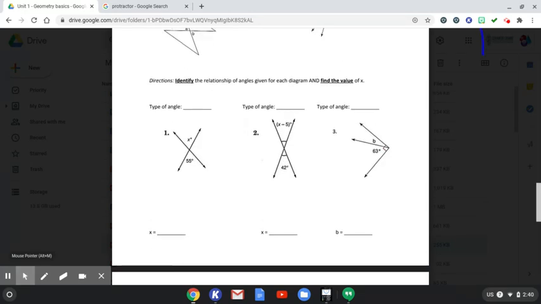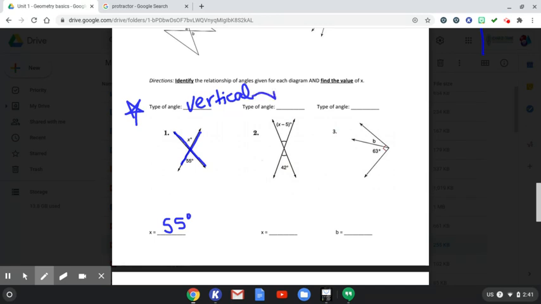But here, I'd like you to name the type of angle. So if I do this number 1 with you, these angles form that X again. So I want you to use some vocabulary: they are vertical angles, and they are equal in measure. So here, X would be 55 degrees. Same case with number 2.